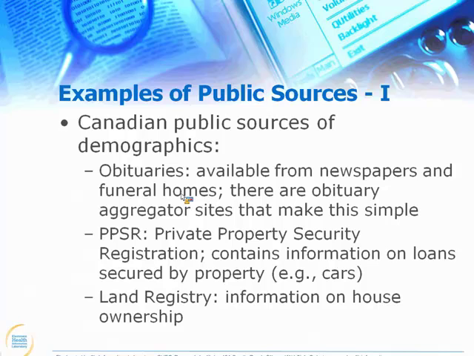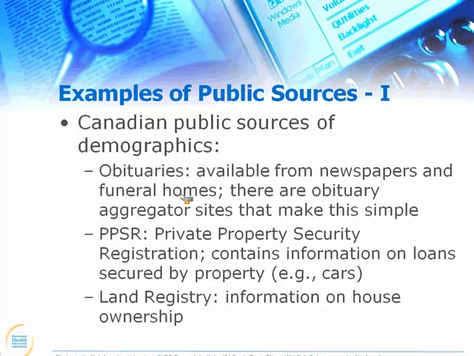Then you have the private property security registration, which contains information on loans secured by property, for example, cars and boats. So the PPSR is available in all provinces across the country. The mode of access differs, but it's publicly available for a fee. In Ontario, the fee is around $8, and for that fee, you can do a search.